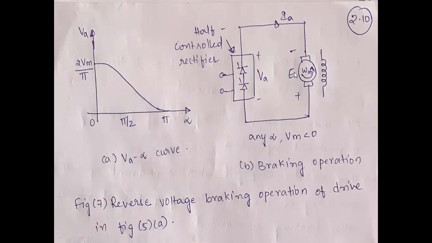We have some advantages of this half controlled single phase rectifier. First of all, it is cheaper and it gives a higher power factor. But the single phase fully controlled rectifier does not give high power factors; it has poor power factors. Summing up the advantages, what is the disadvantage?